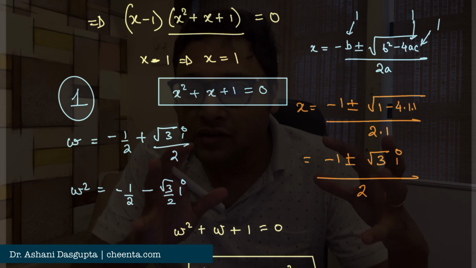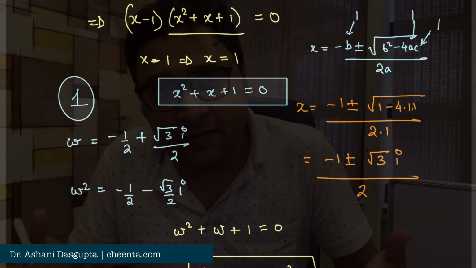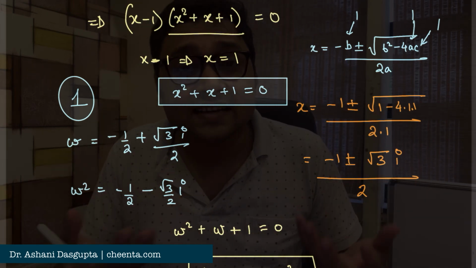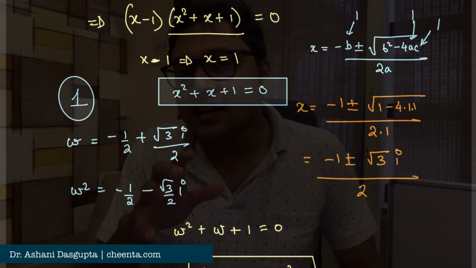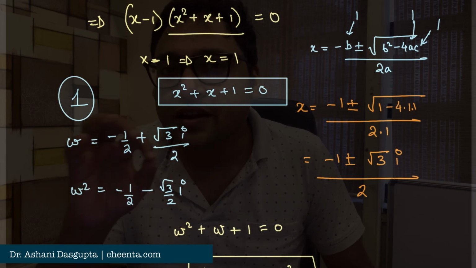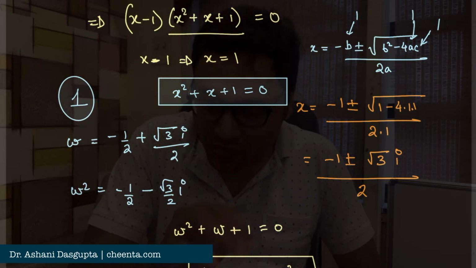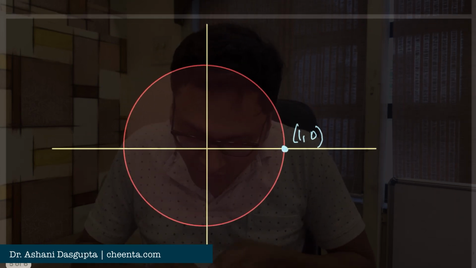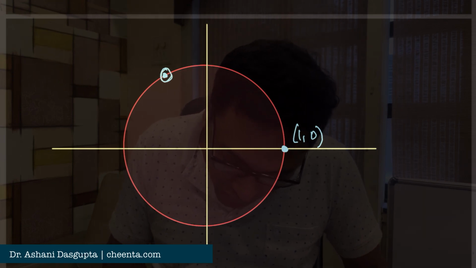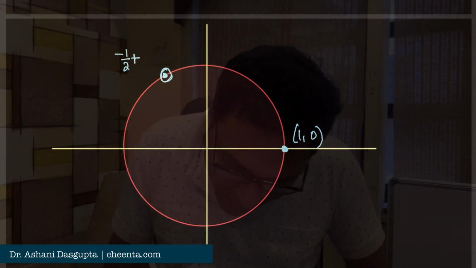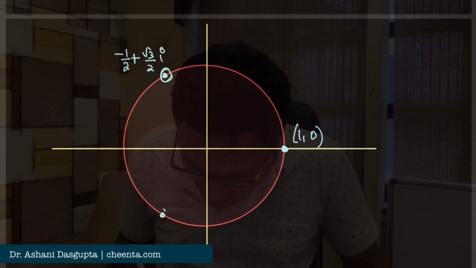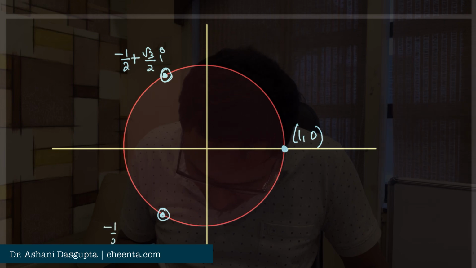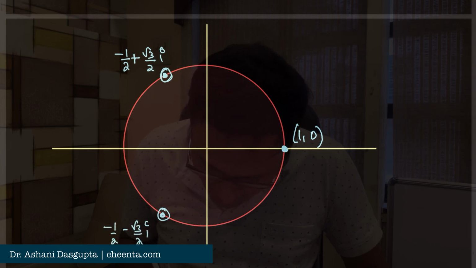So if you have learned complex numbers, for example, in our mathematical Olympiad program or in ISI CMI entrance program, check the link in the description for those programs, then you know that complex numbers are really points in the plane. So (1, 0) is one of the points, and then you have this one, which is negative half plus root 3 by 2i, and the third one is this one, which is negative half minus root 3 by 2i.